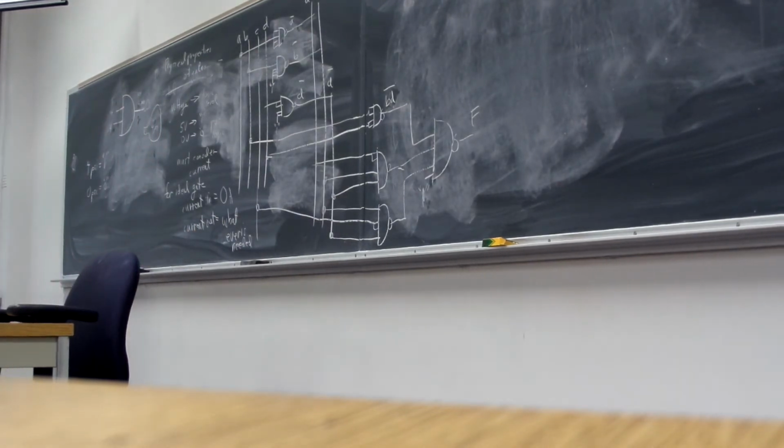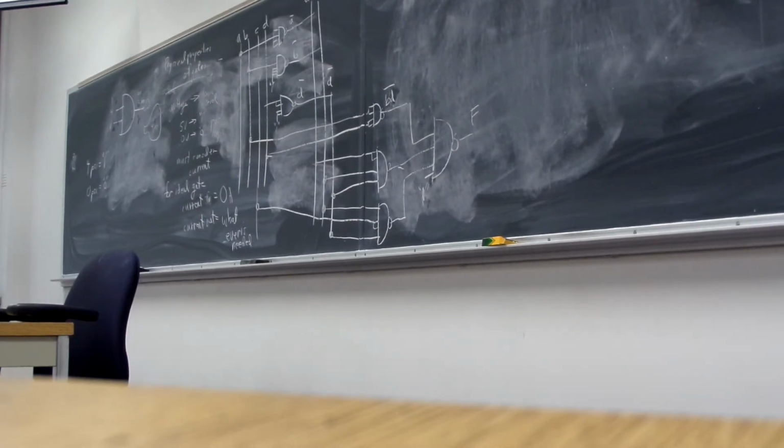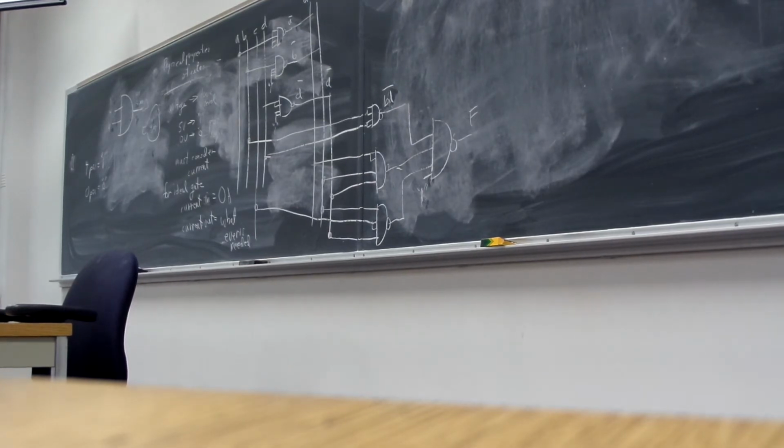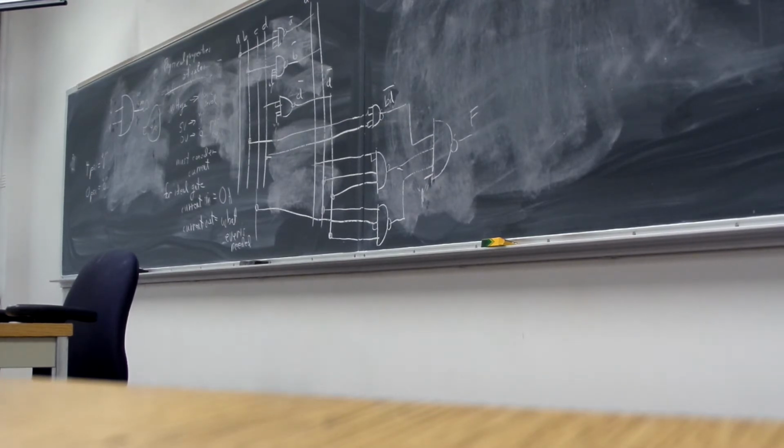We don't want a specific current out. And in fact, we would like the current out to be what? What do you like in the steady state? What would I like the steady state current to be coming out to maintain a logic level 1 or a logic level 0? 0.